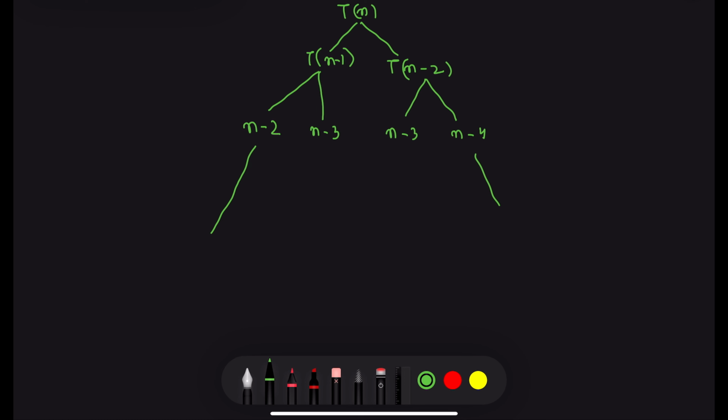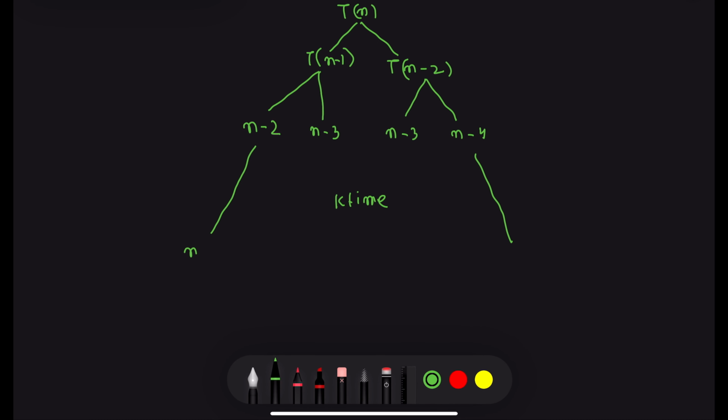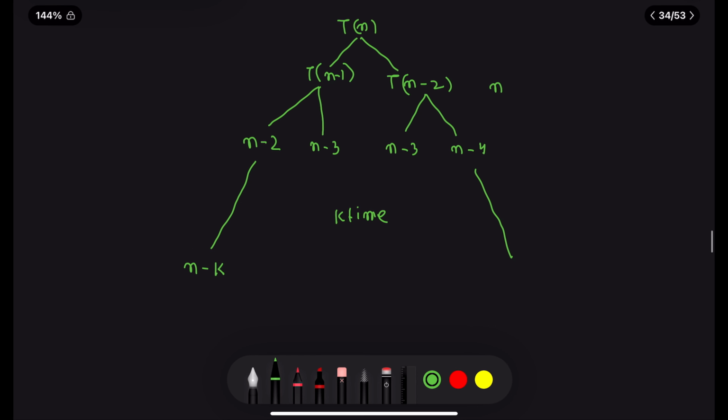Both sides it will run k times, and at the end of k times it will become n-k. And here you can see there is a pattern, which when we simplify is n-2 into 1, then n-2 into 2.